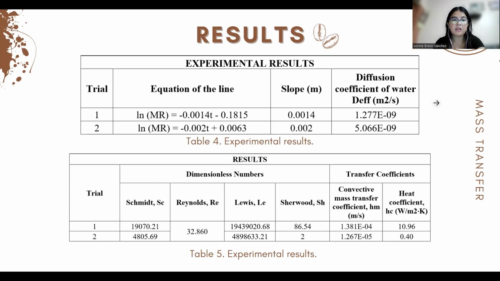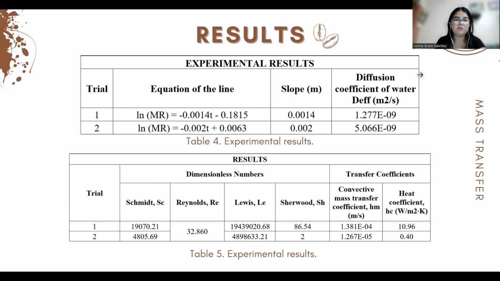Using the previously presented formula, the result was 1.277 divided by 10 to the power of 9, and for the other trial, the result was 5.066 divided by 10 to the power of 9 square meters per second for each respective experiment.